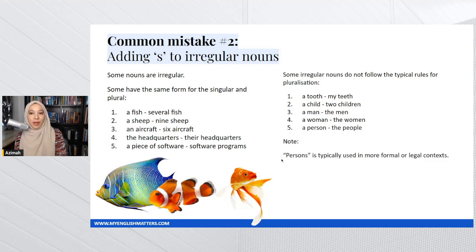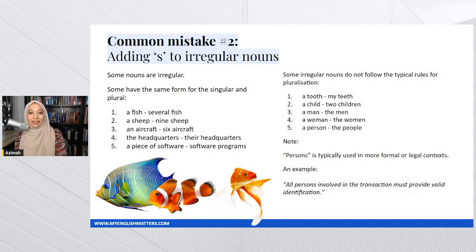Note, persons, you can use persons, but this is typically used in more formal or legal contexts. You might see this in a formal document. For example, all persons involved in the transaction must provide valid identification.